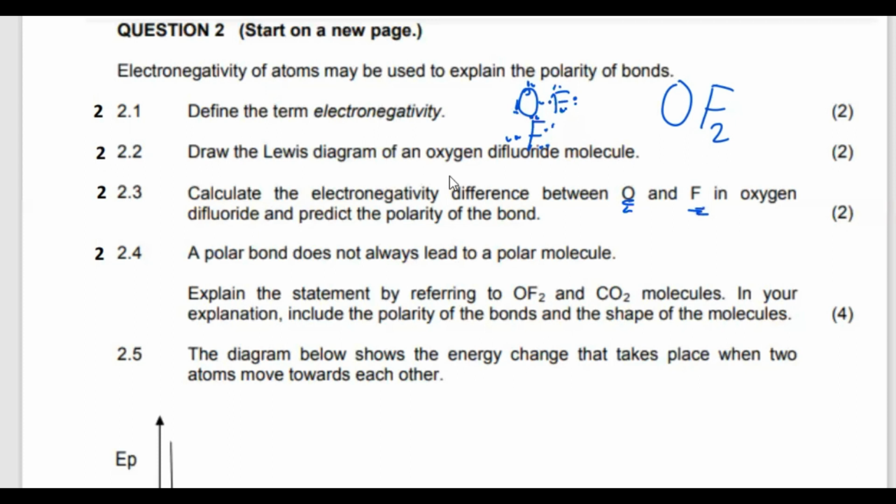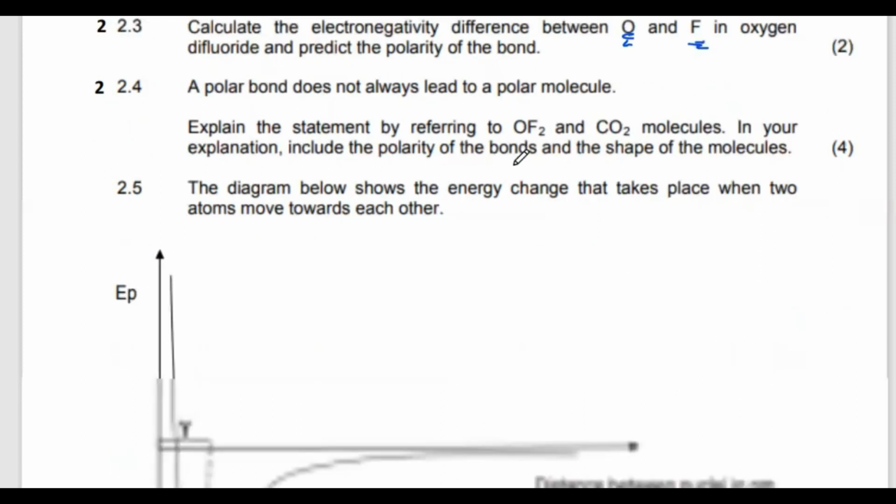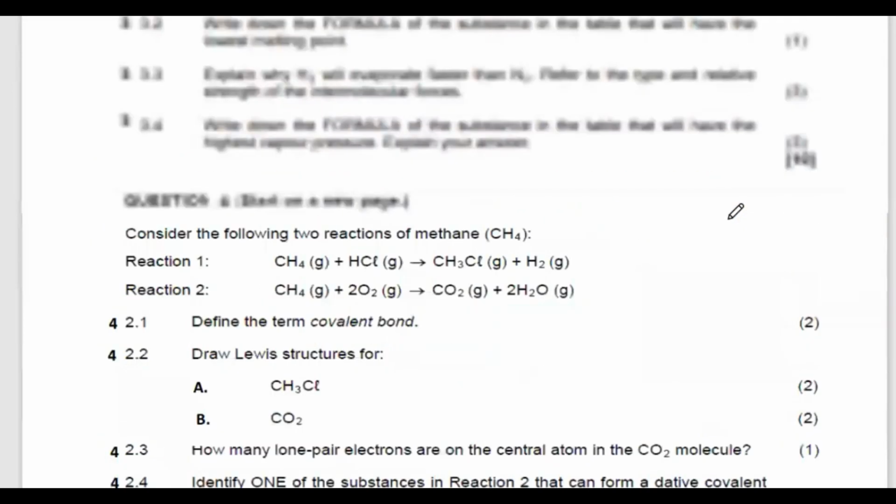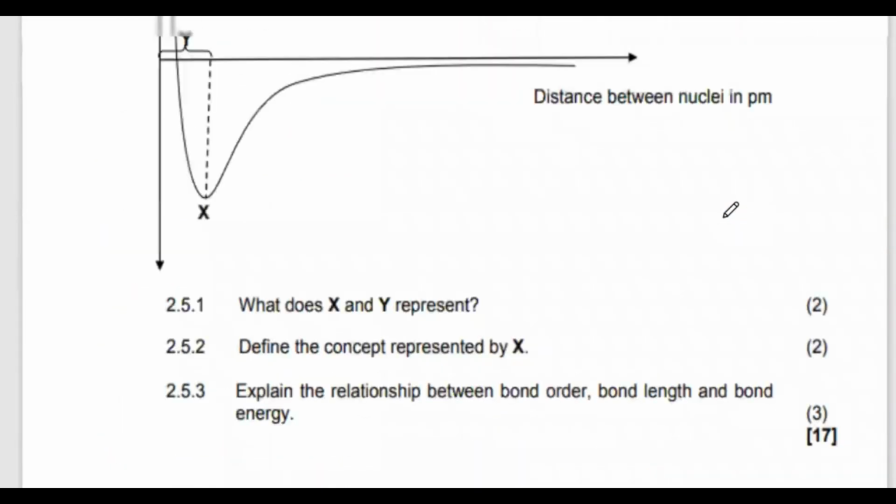We have to go and find out which type of bond it is. Oxygen, where is oxygen? Oxygen is 3.5. What about fluorine? Fluorine is 4. Therefore, it's going to be polar.